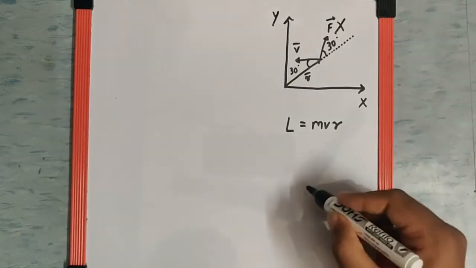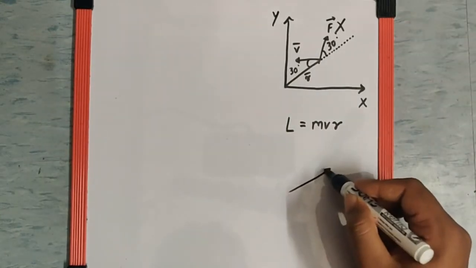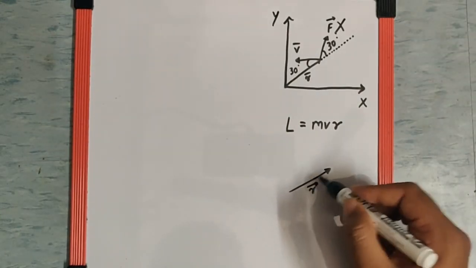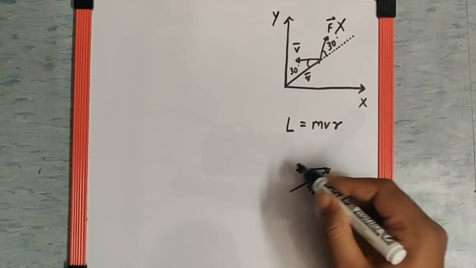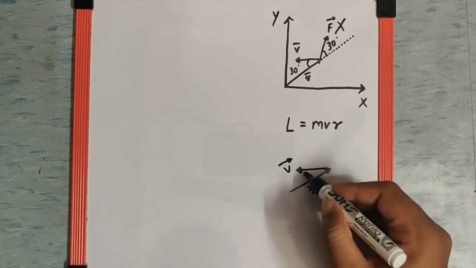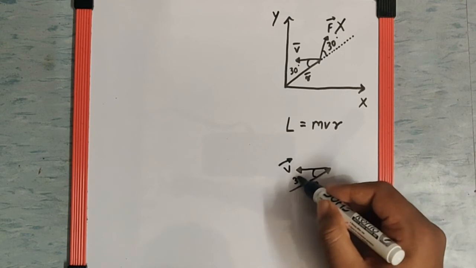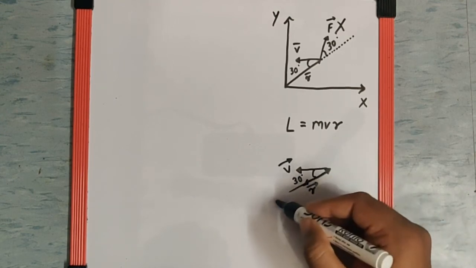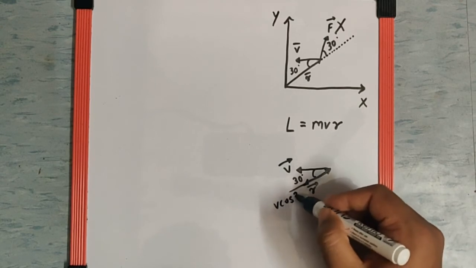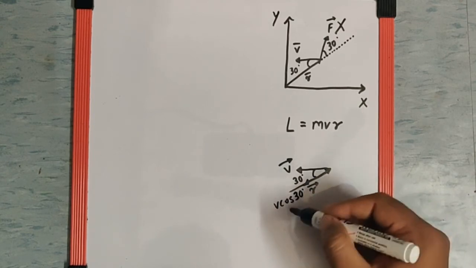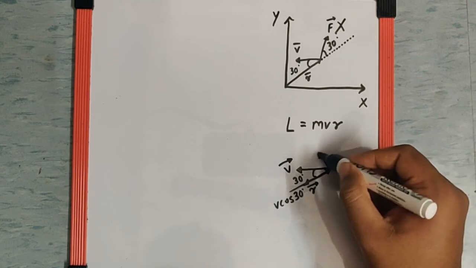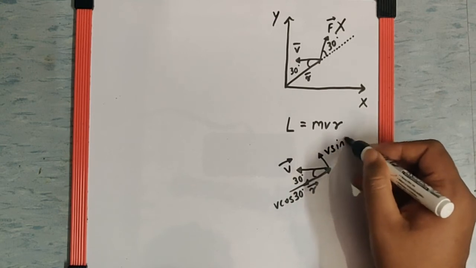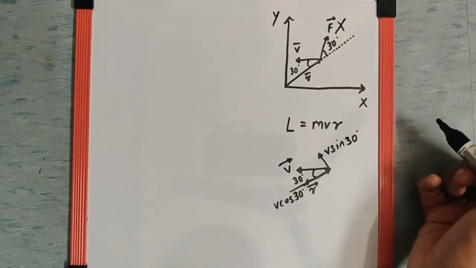So now if I redraw this, I have this vector as r bar and this vector as v bar. When I resolve this v bar into two components, one component is this, which is going to be v cos theta, which is just opposite of r bar, and another one is v sin 30, which is perpendicular to r bar.